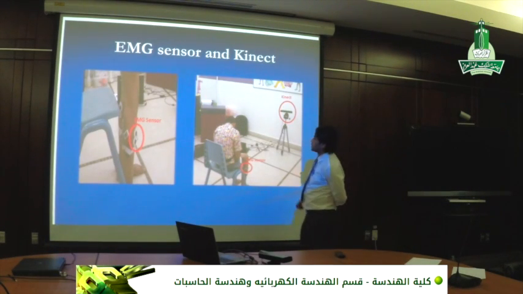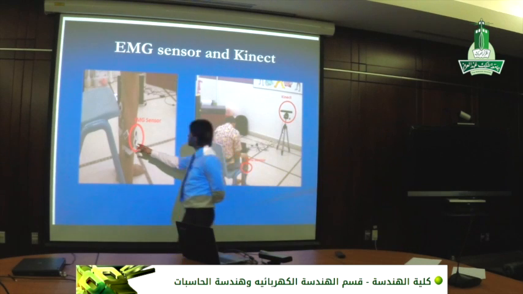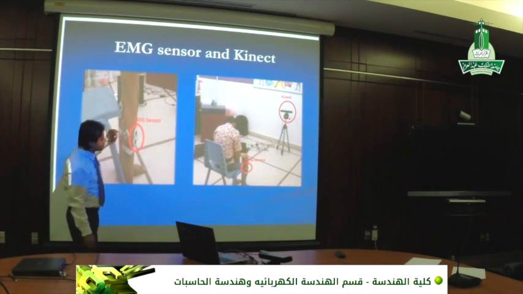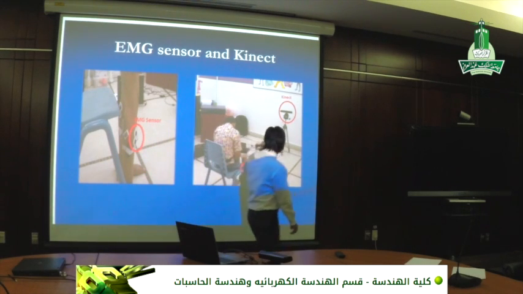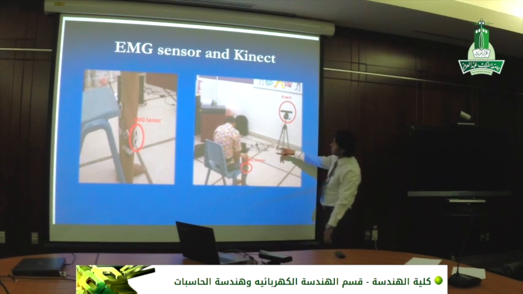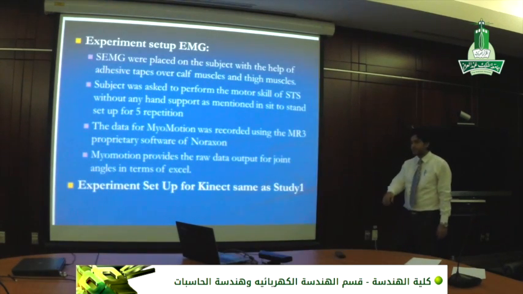In this slide, we see the EMG sensors placed on the subject, and this is the EMG sensor transmitter, during the task being performed with the Kinect in front of it.